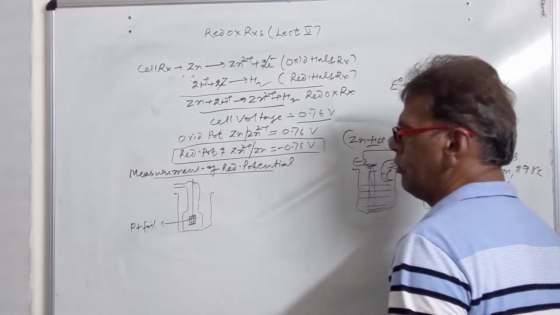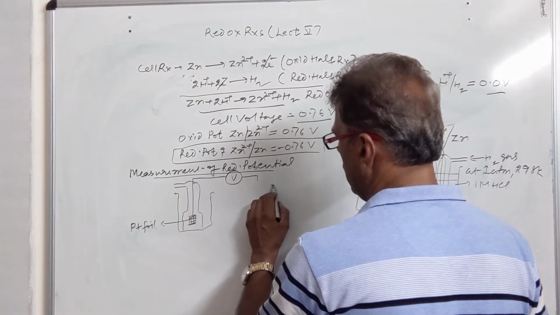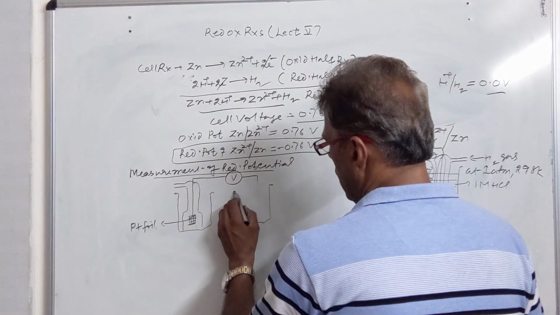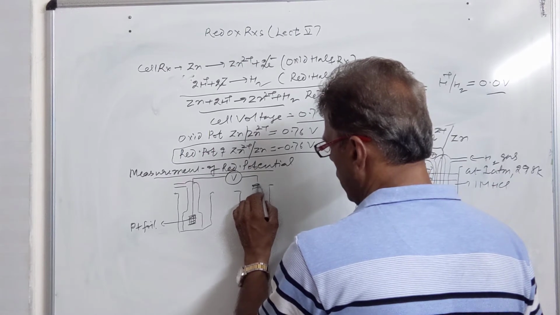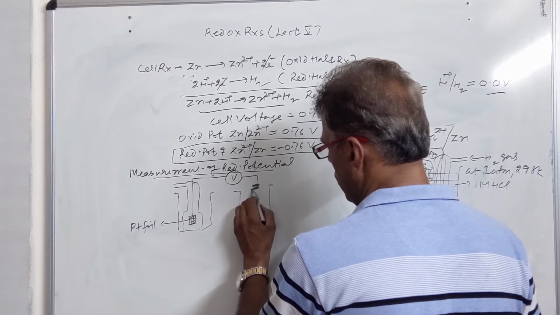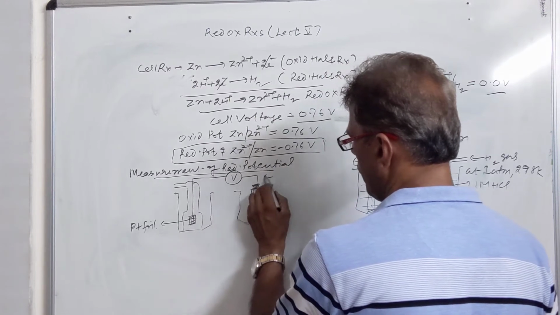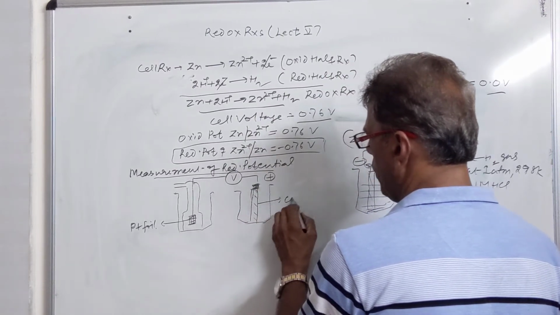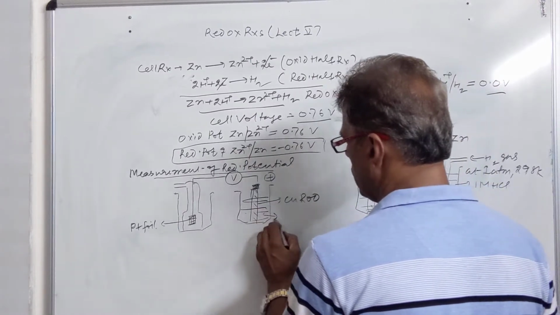It is connected to an electrode of that metal which is lying below hydrogen, whose activity is less than hydrogen. This is a copper rod dipped in 1 molar copper sulfate solution.